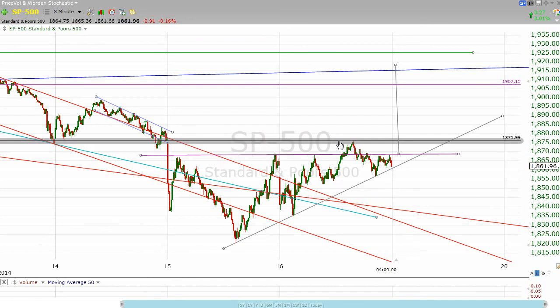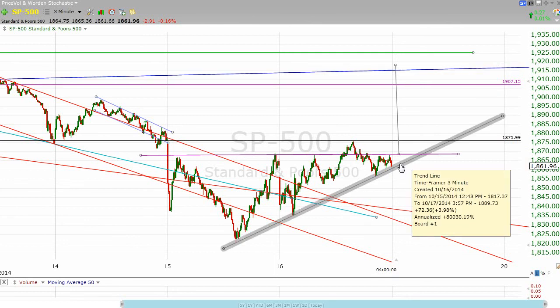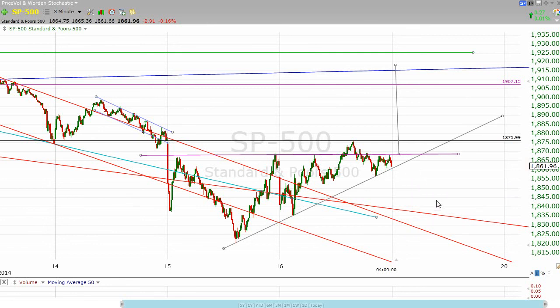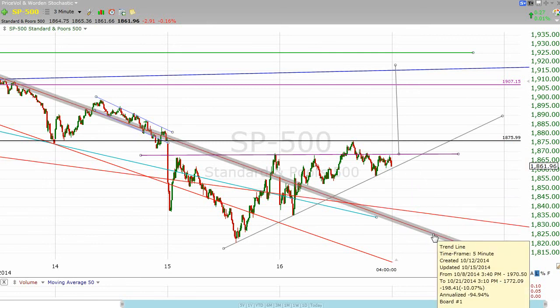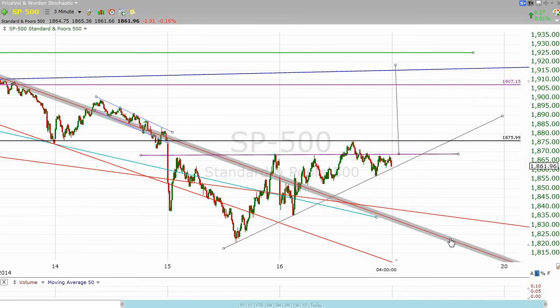Additionally, if we get over 1876, then we're through that gap resistance and likely heading back up to over 1900. If we break this line, then we are almost certainly setting up a back test of this red line right here, which could take us down really for the formation of potentially even a double bottom.